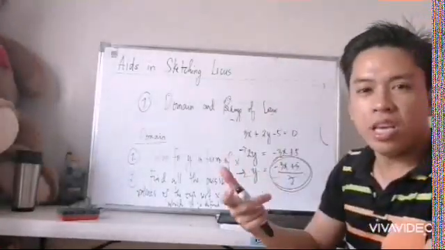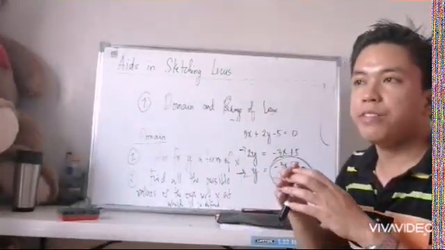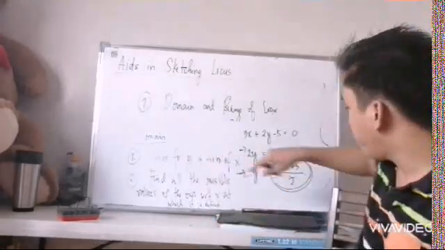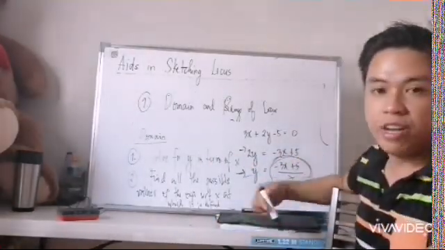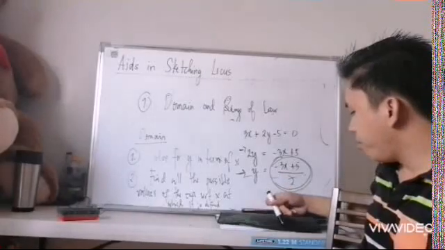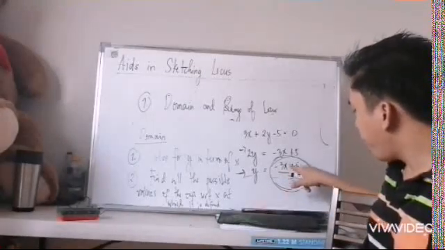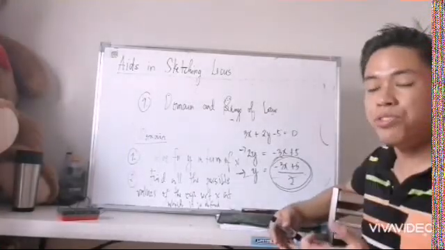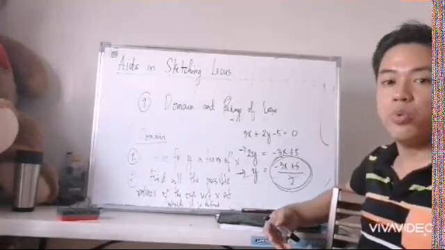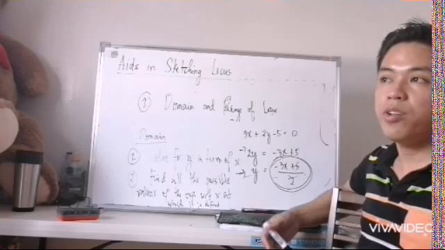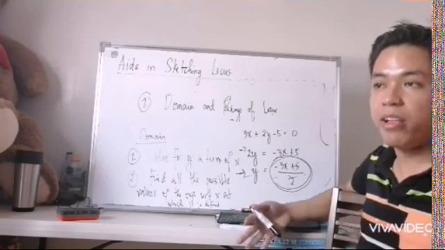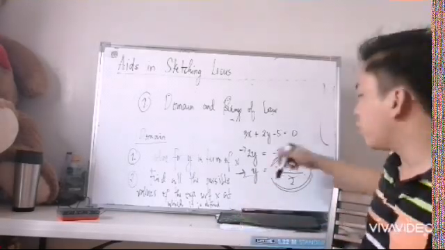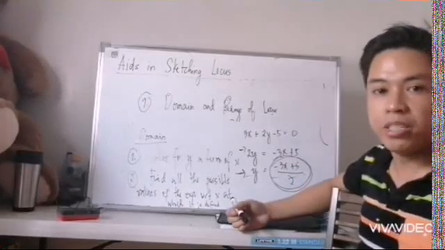Can we see a value in the set of real numbers at which this expression is not defined? If I substitute x by 0, I'll get 5 over 2. 5 over 2 is still a real number, so when we use 0, the expression is still defined. So can we find a certain value in the set of real numbers at which this expression will not be defined anymore?